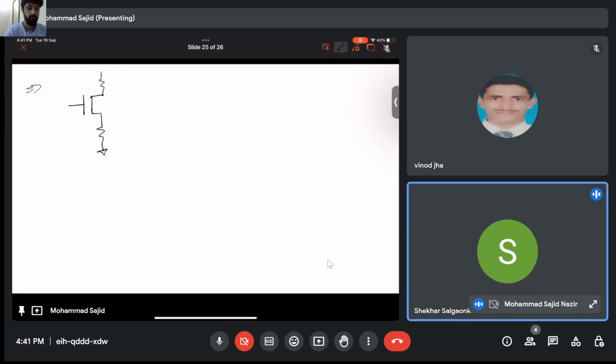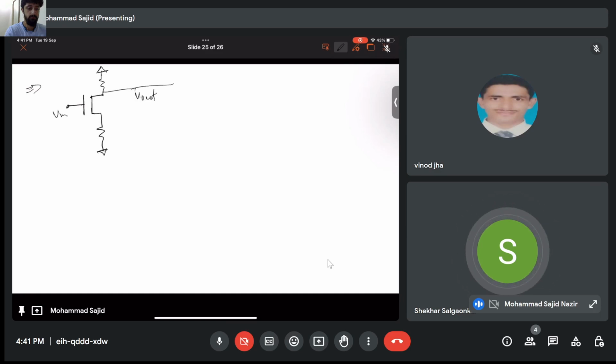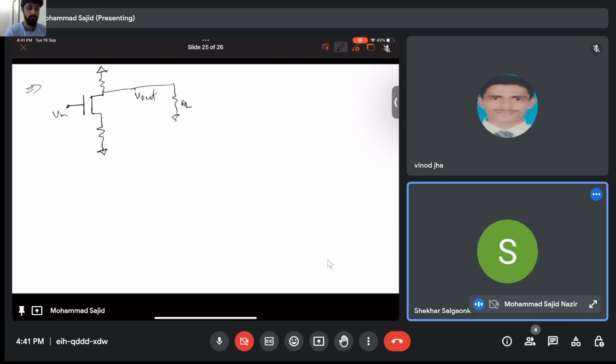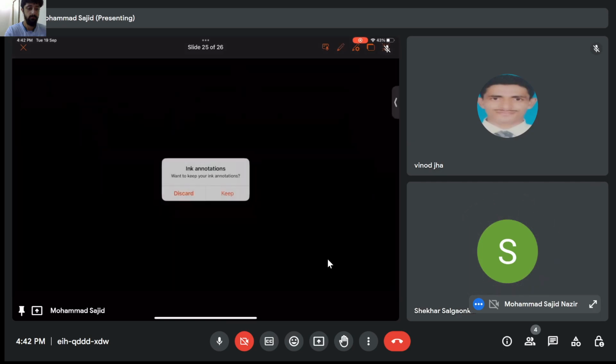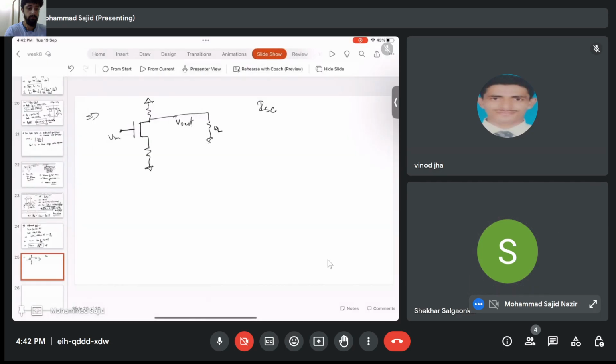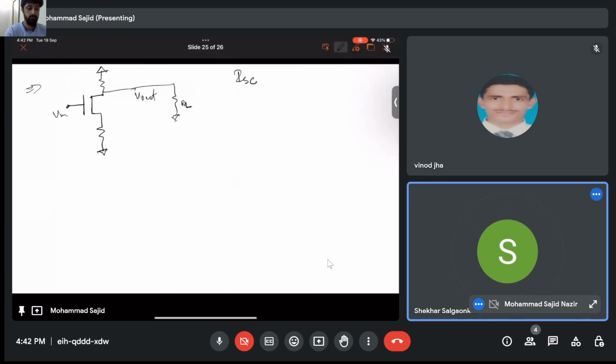This is your small signal analysis. This is your V out, and this is your RL. When you have to do short circuit analysis, you ground this directly, then check what the ISC is.